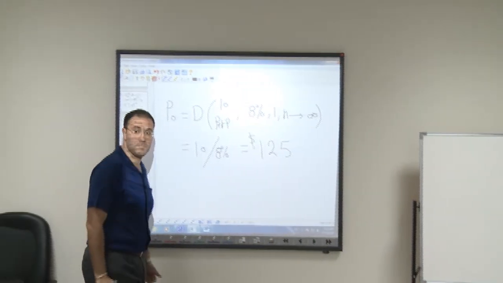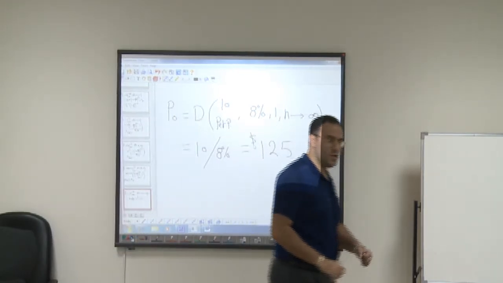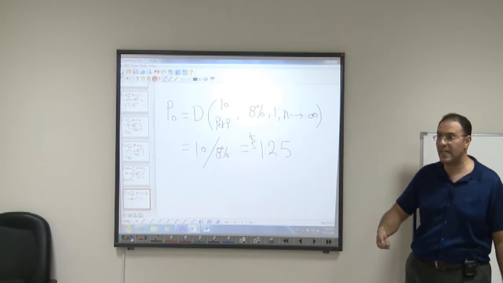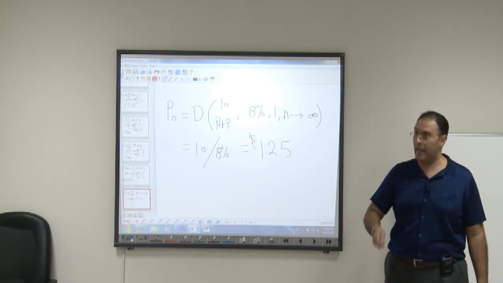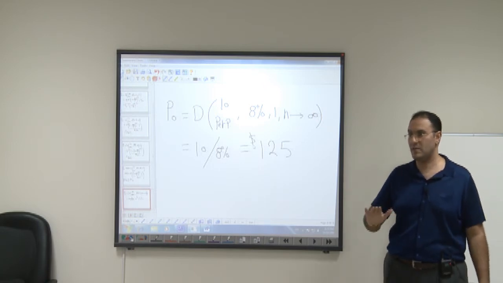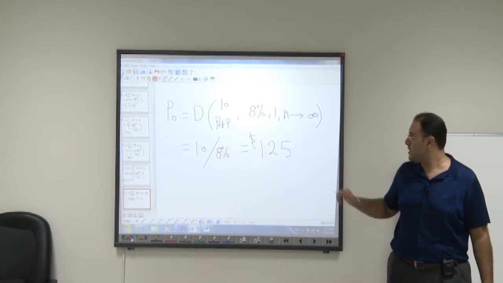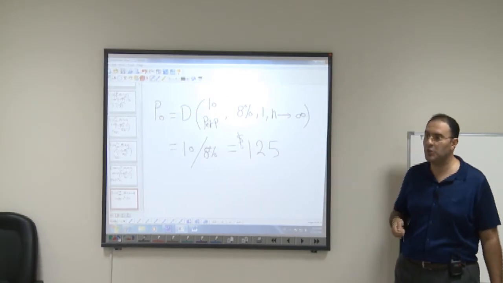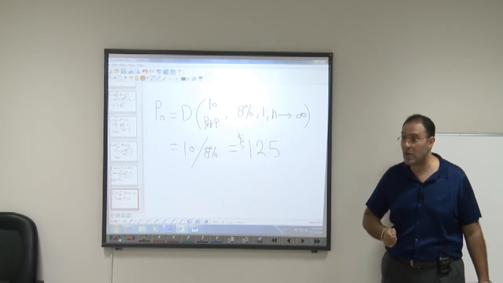So you invest now, set aside now, and every year you're good for it forever. We're talking about an infinity of time. So you set aside now $125, and you're going to be entitled to $10 every year for infinity.